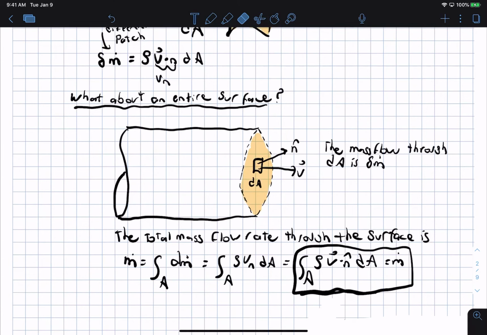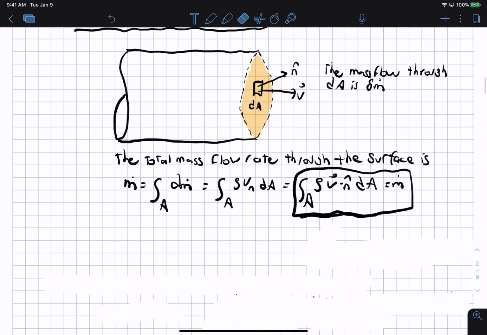We get the final result that the total mass flow rate through a surface, and the surface can be a goofy arbitrary shape, the velocity need not be aligned with the surface, and the velocity can have a non-uniform distribution, is given by the integral of rho v dot n hat dA over the entire area.